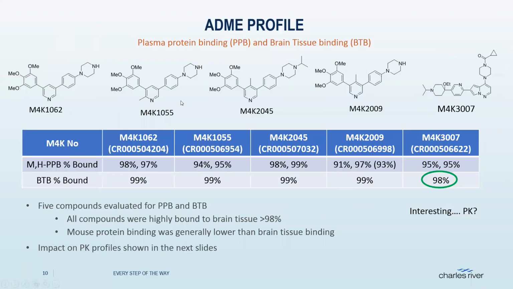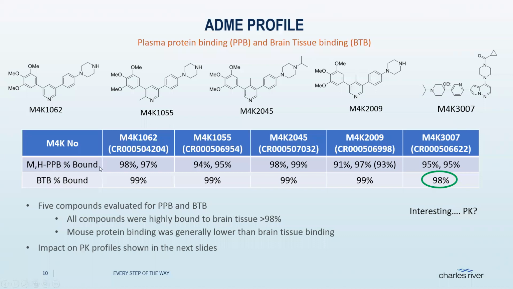So Sue and her friends at Charles River were able to run the mouse and human protein binding, as well as the brain tissue binding experiments for this set of compounds: 1062, 1055 with the 2-methyl, 2009 with the 4-methyl, 2045 with the 4-methyl with this N-isopropyl, and then the M4K 3007 compound that comes from the Blueprint patent.